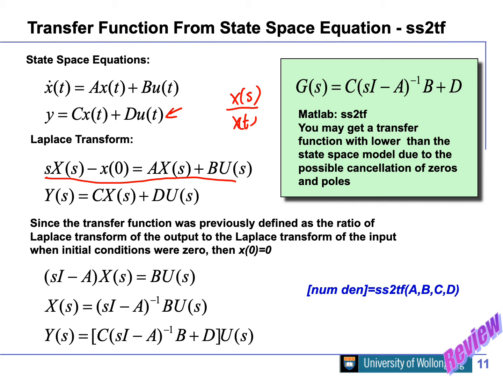And we know y is equal to C (sI minus A) inverse B plus D, times u. So the D u part is from here, and this is C x(s). So this part is x(s), we can put that in and we get the output y(s).